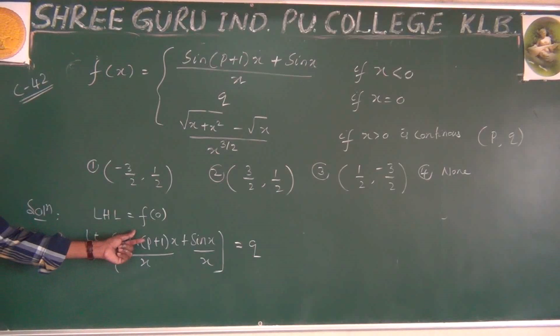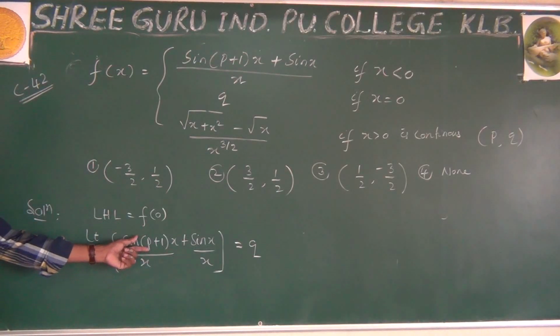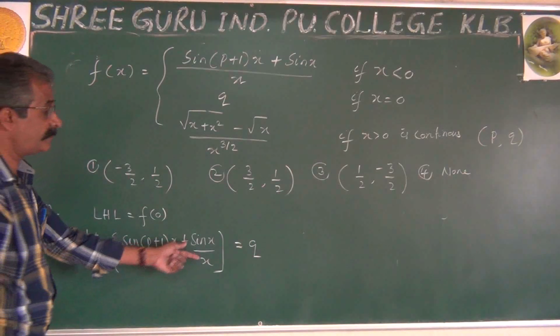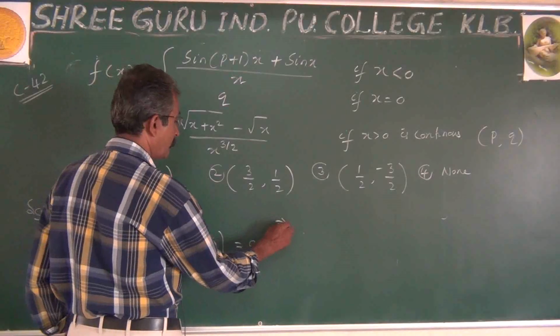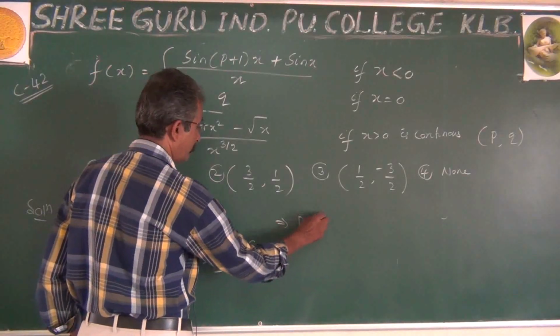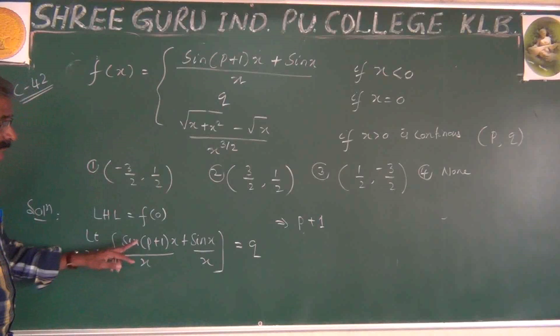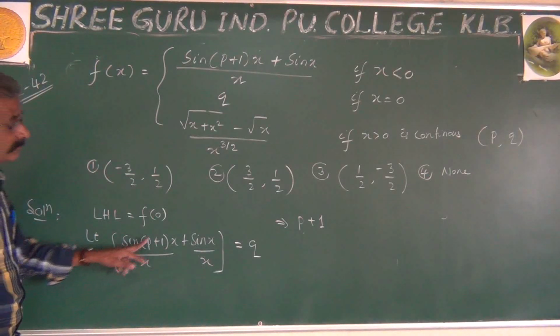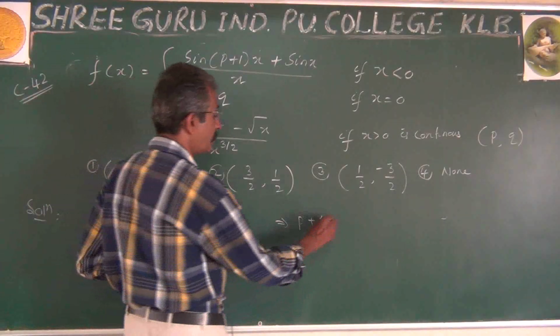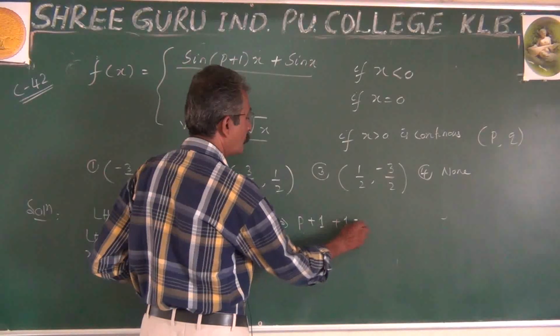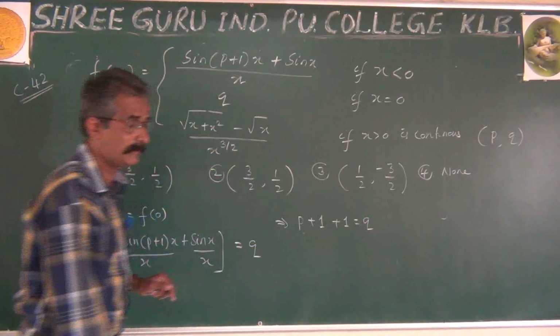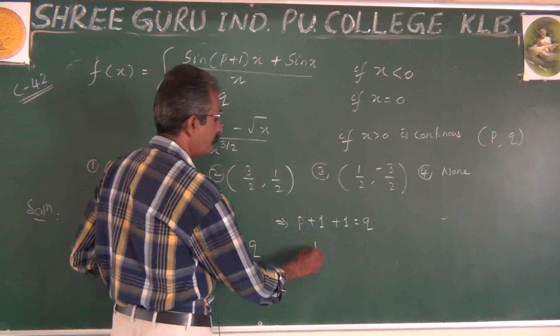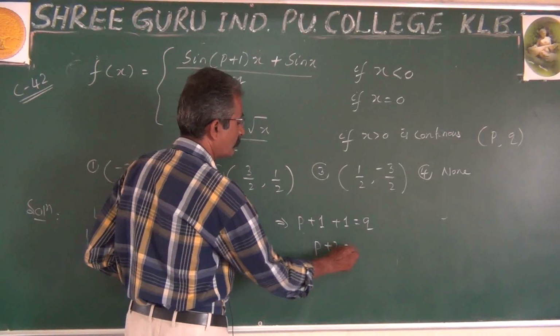Just like sine of mx by x, here the answer is p plus 1, here the answer is 1. Which implies p plus 1 plus 1 equal to q. That is p plus 2 equal to q.